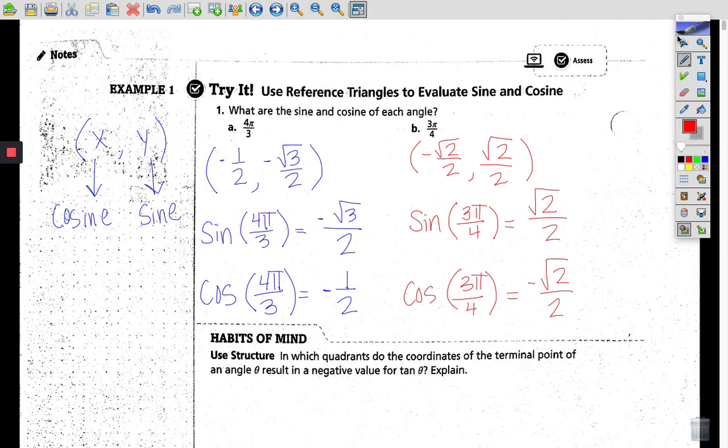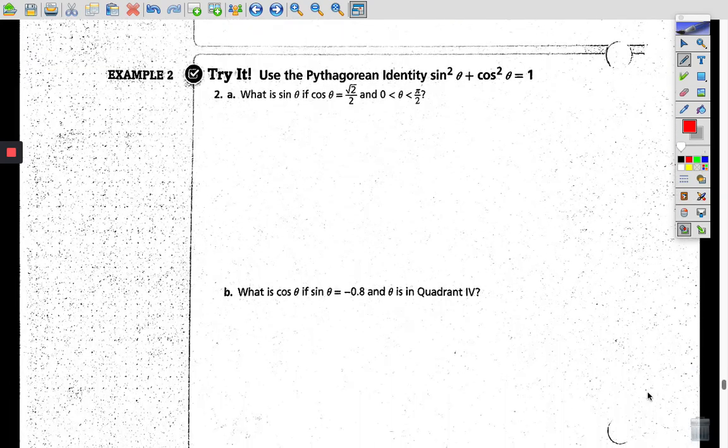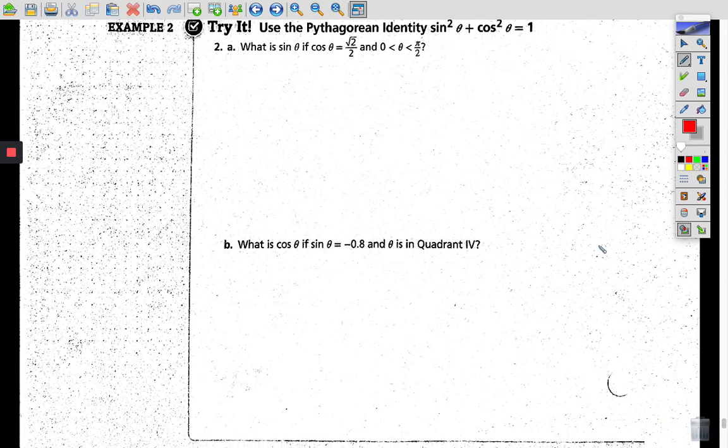All right, moving down to example number 2. Use the Pythagorean identity, which says sine squared of theta plus cosine squared of theta is equal to 1. What is sine of theta if cosine of theta is square root of 2 over 2?